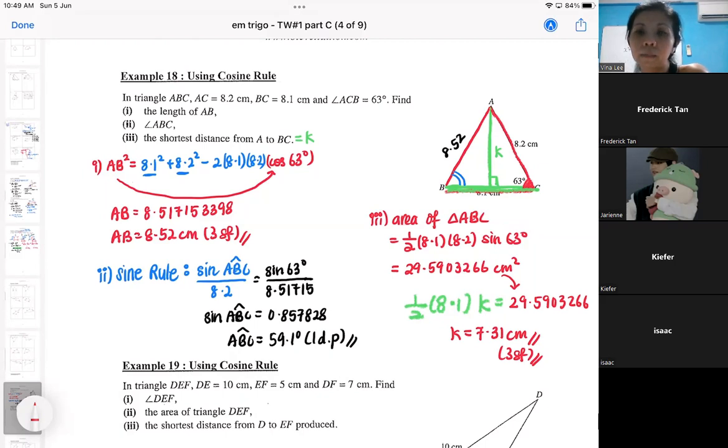So this question has sine rule, cosine rule, and area of triangle, and you also have half base times height. So this question is worth quite a bit of marks.